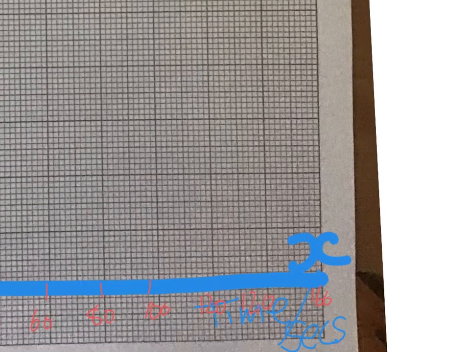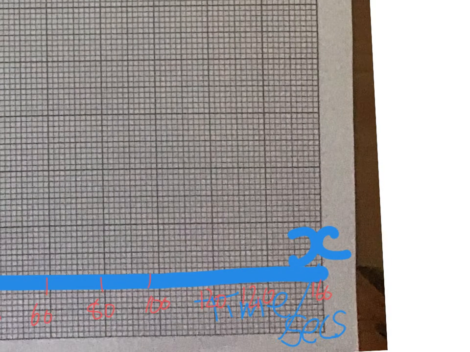It was 125. So just mark off where 125 would show, and it's about there. And then finally, after the 3rd minute, it went down to 90. So we'll just go to 180 seconds, and we want to place it at 90. So we'll just go across here to 90.